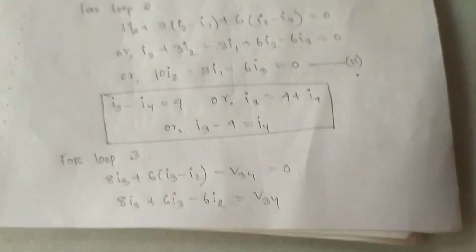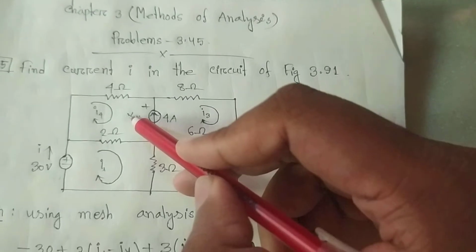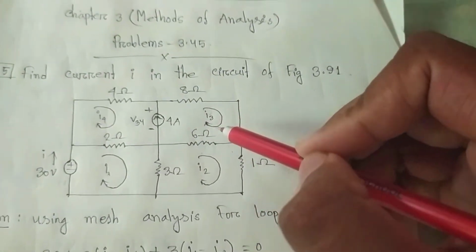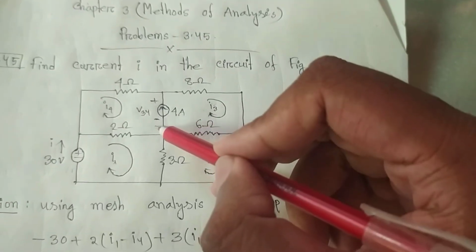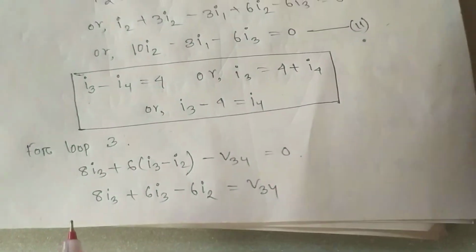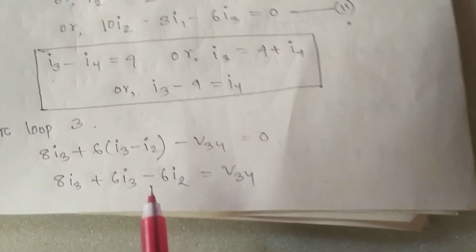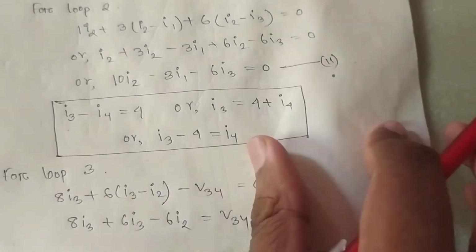For loop 3, the 4 ampere source is denoted by V34, with plus and minus terminals. 8 I3 plus 6(I3 minus I2) minus V34. Easily calculate that 8 I3 plus 6 I3 minus 6 I2 equals V34.